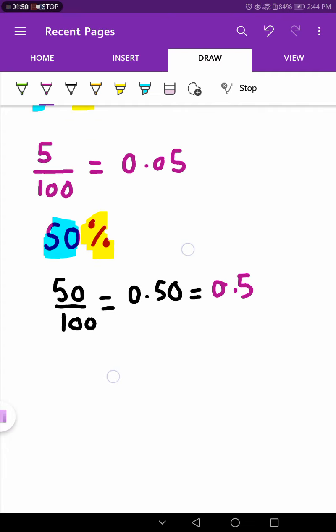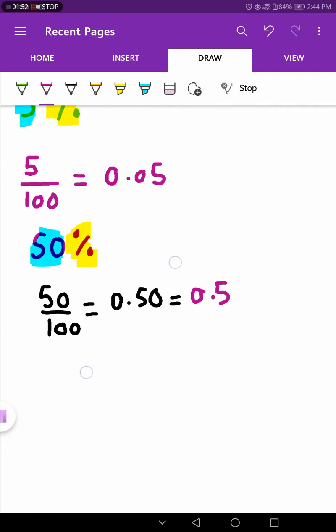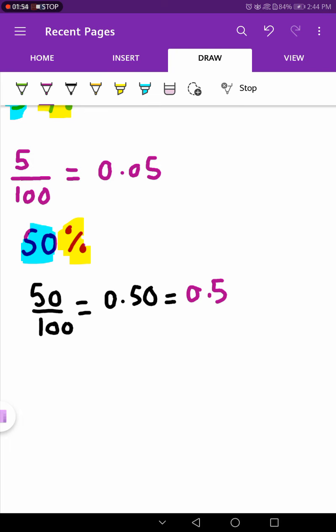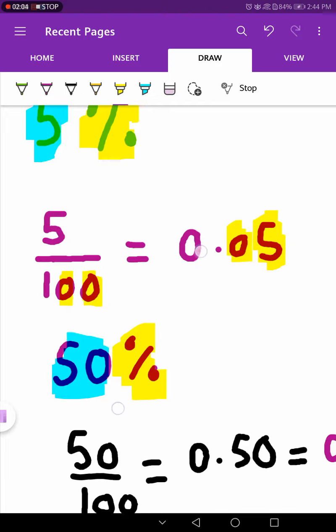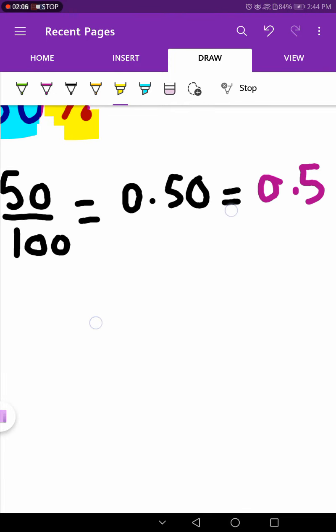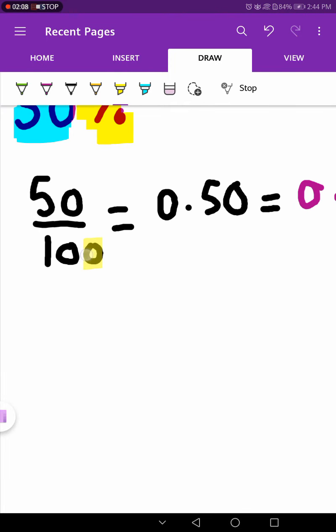Now you have to distinguish between 5 over 100 and 50 over 100. This is 5 hundredths, and you have 2 digits after the decimal because it is in hundredths. And here 50 over 100 also has 2 digits, and it is the 50 itself.